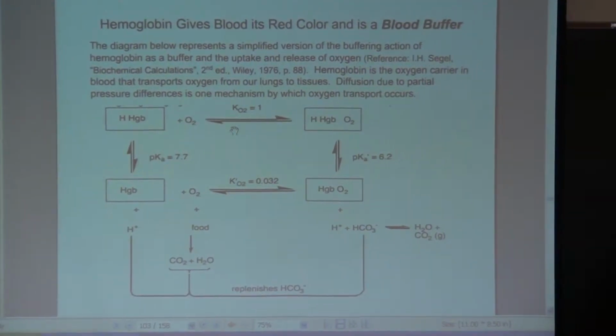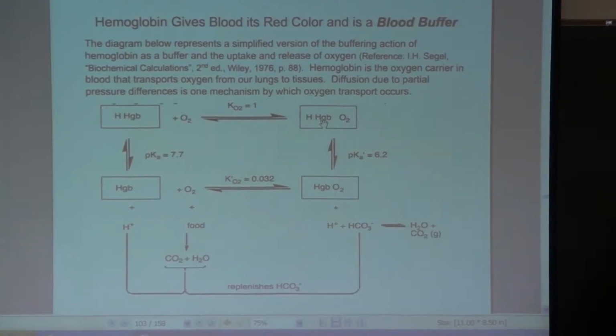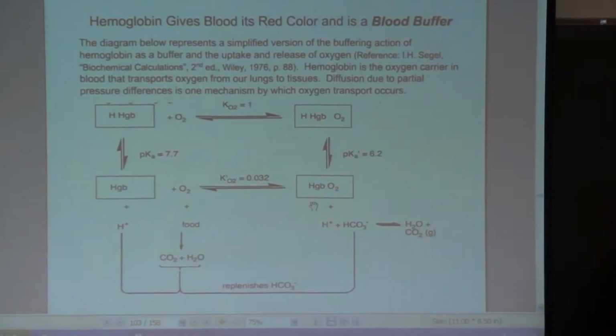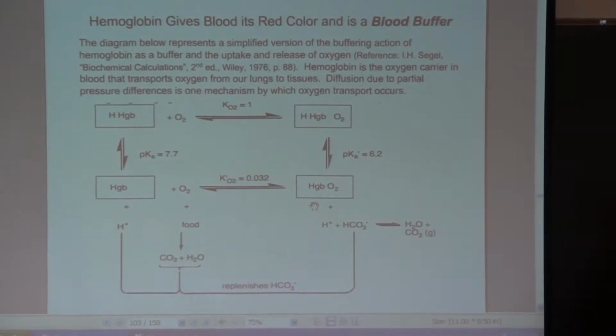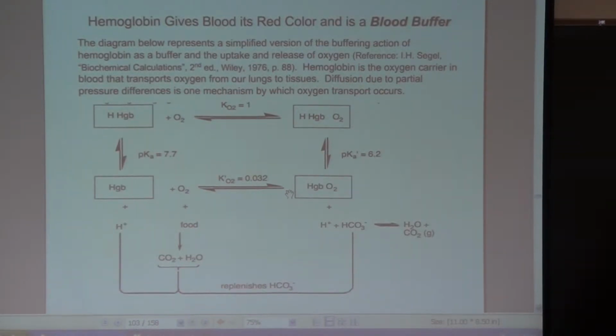Okay, so again, in our lungs, the HHGB binds the oxygen to form HHGBO2, which gets transported through our blood to our tissues. In our tissues, this is going to be the form of hemoglobin present. Now, what happens in our tissues? Once this hemoglobin gets to our tissues, what does it do with the oxygen?